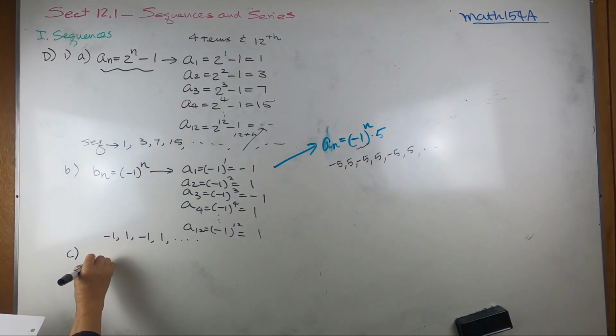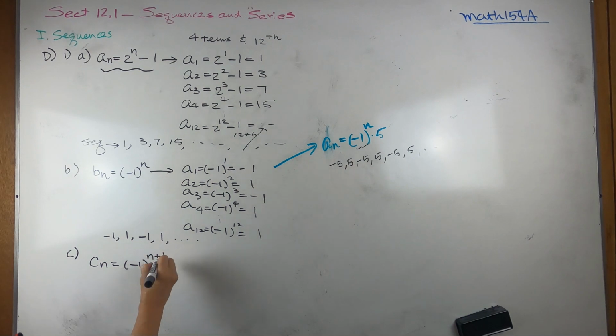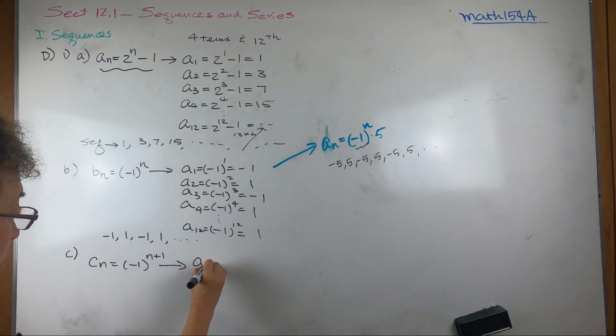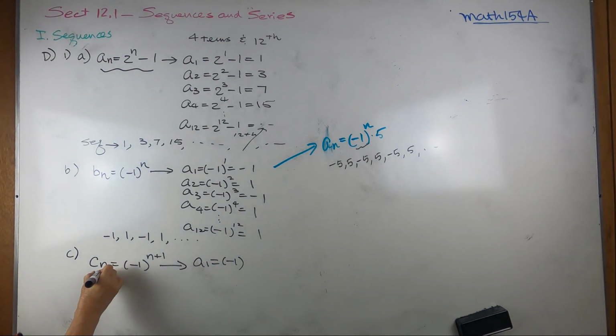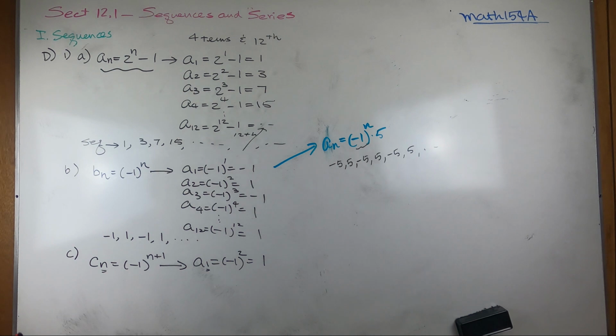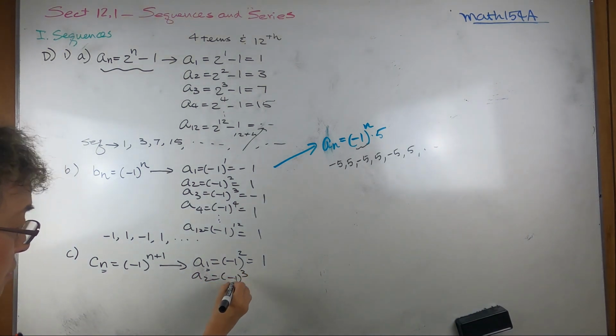Look at this one, if we have C_n equals (-1)^(n+1) instead of n. So what do we have? A1 equals what? Your n is 1 at this time. 1 plus 1 is what? 2. That would be 1, right? A2 would be what? -1 to the third.